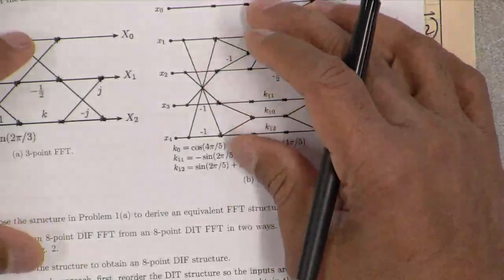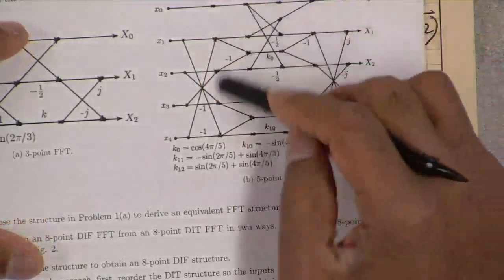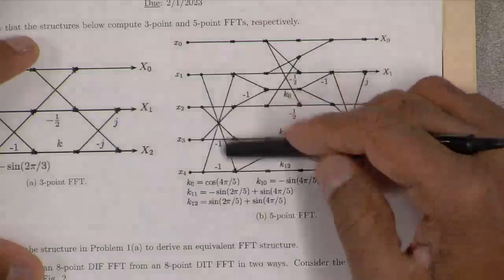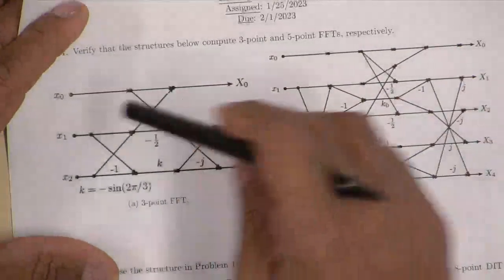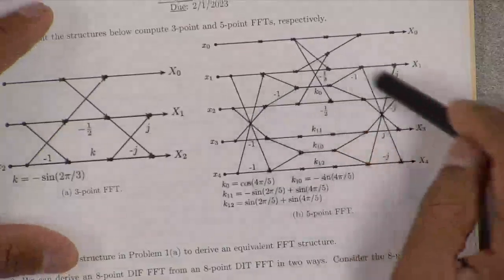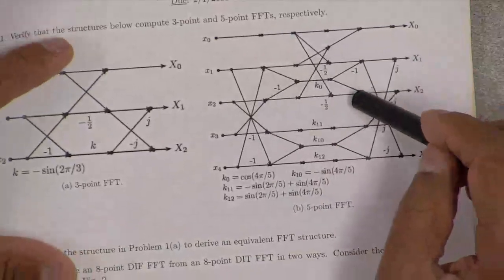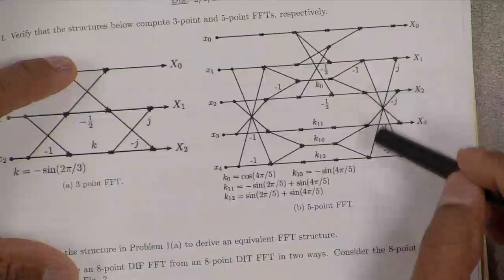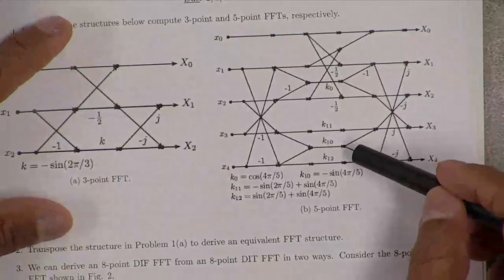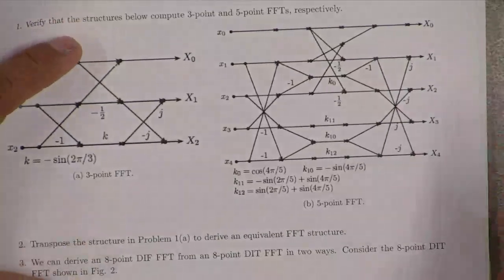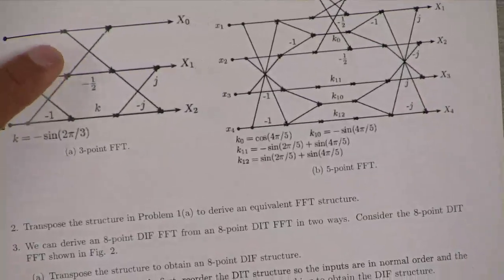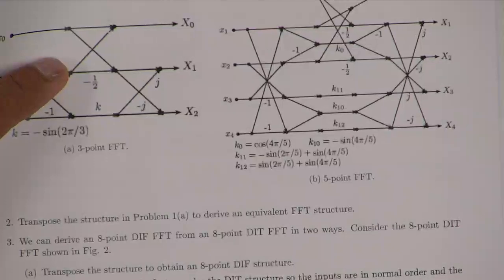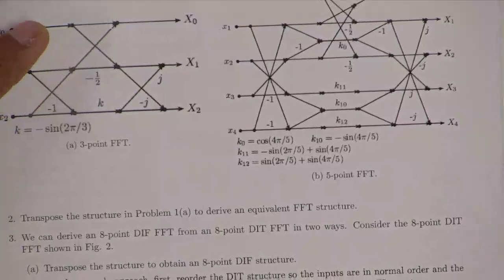This one is a little cumbersome, a 5-point. You can think of that as a radix-5 butterfly, if you like, and the same here, a radix-3 butterfly. It's a bit of arithmetic. I feel bad giving you this problem. It can take some time, but it may be good practice. I'm not teaching Winograd FFT, but that would be the 5-point Winograd FFT.